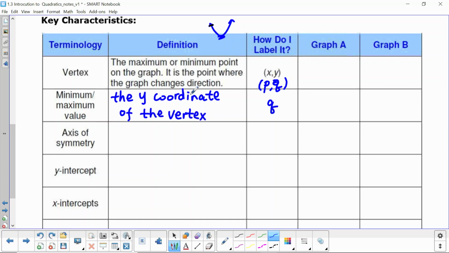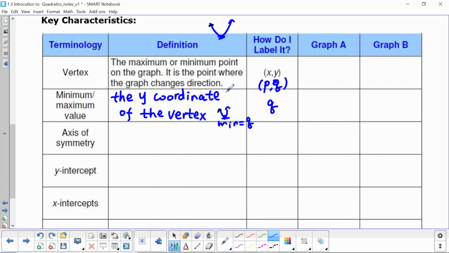So if the graph opens up, then you are going to write minimum equals Q. This vertex will have the minimum value of the whole graph. All the other points will have y values greater than the y value at the vertex.